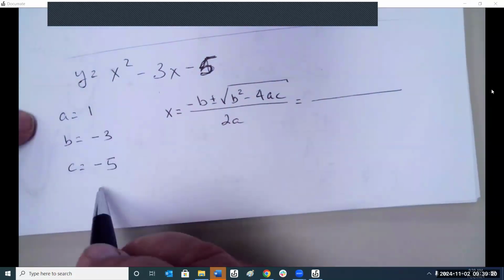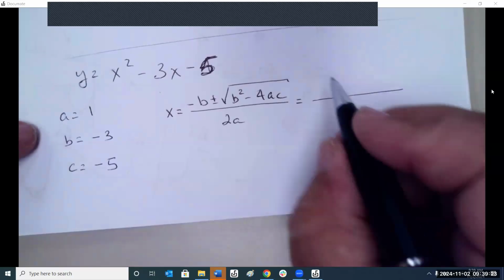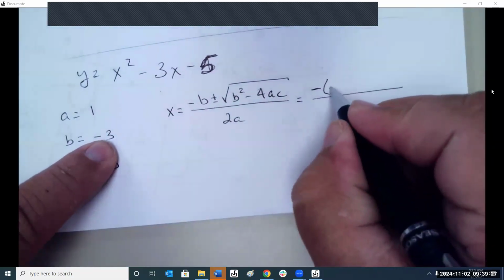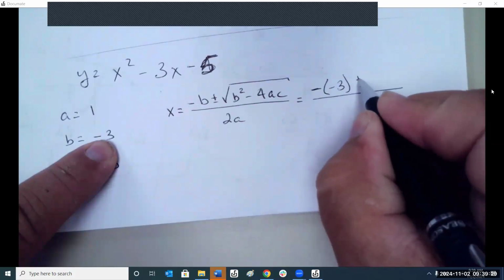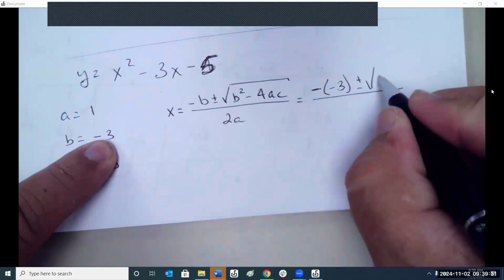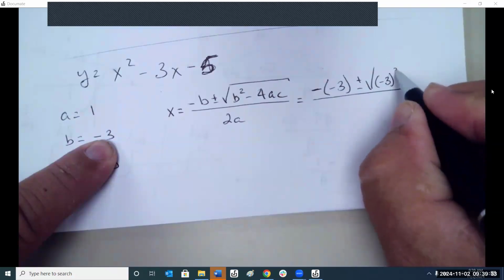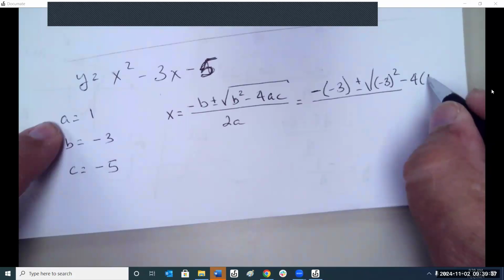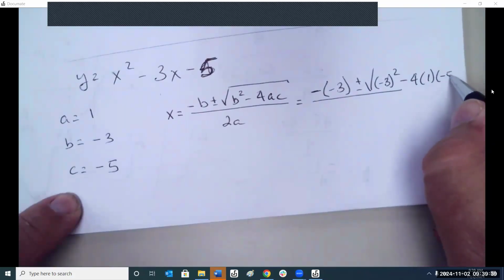So we label A, B, and C. B is -3. Then -3 squared minus 4 times 1 times -5.